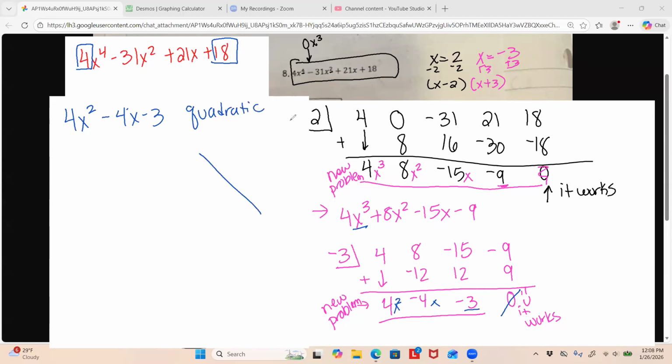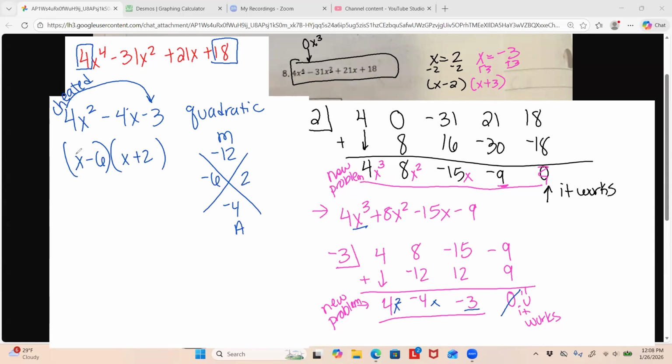I factor with magic x, you factor however you like. Do the first times the last, middle number. What multiplies here adds here. If you owe me 6, give me 2. So my factors, x owe me 6, x give me 2, but we cheated. Now if you don't do it this way, if you do it the grouping way, that's fine. When this is not a 1, we cheated, and so we multiplied to cheat.